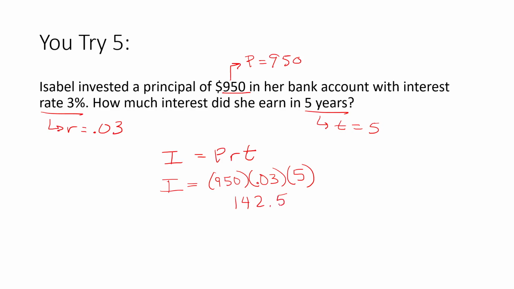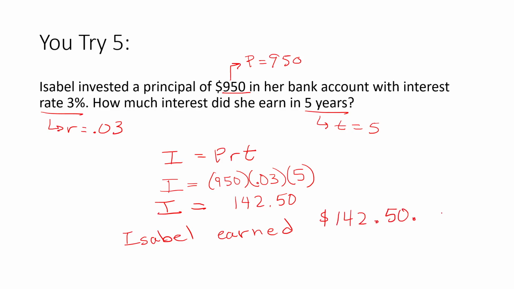Maybe I made a mistake. Let me double check that. 950 times 0.03 times 5. Nope, did it correctly. Excellent. So Isabel earned $142.50 in interest.